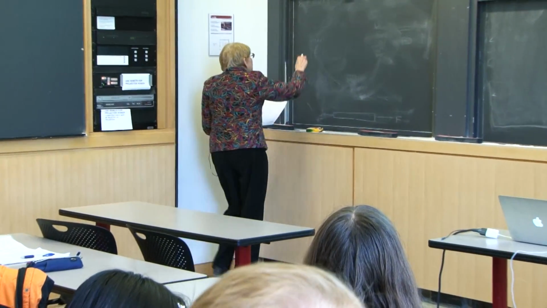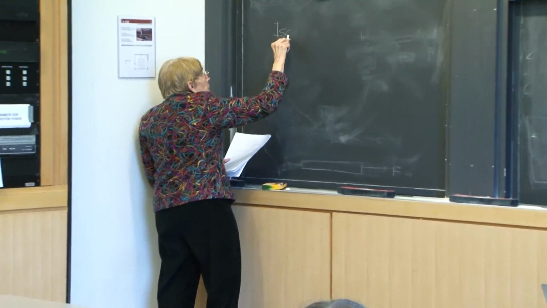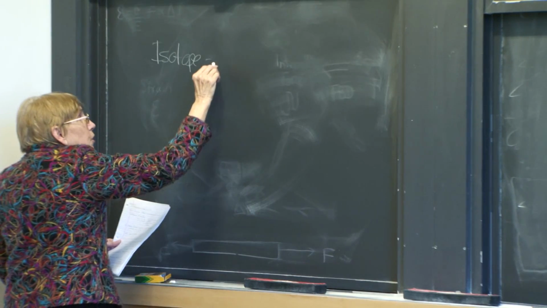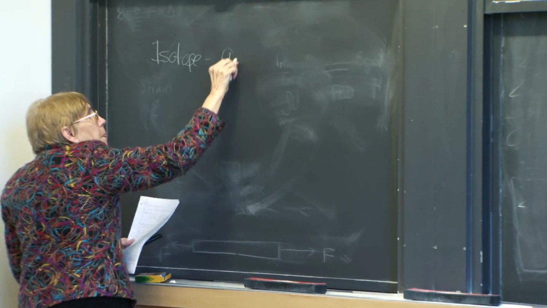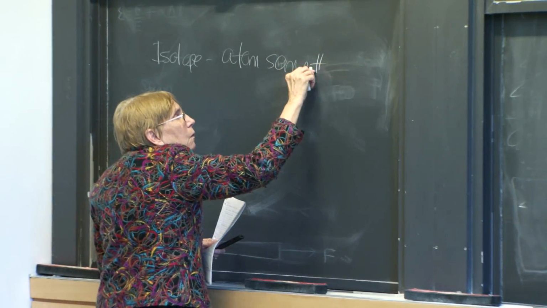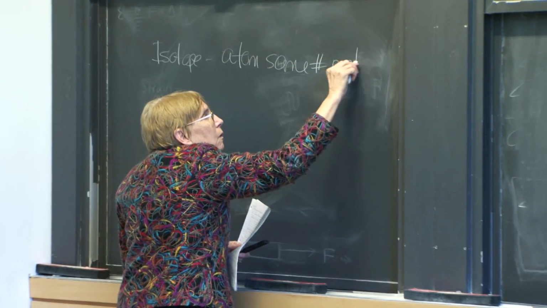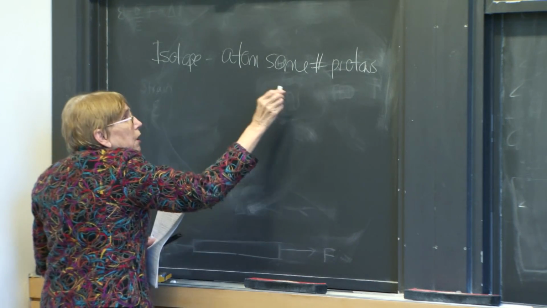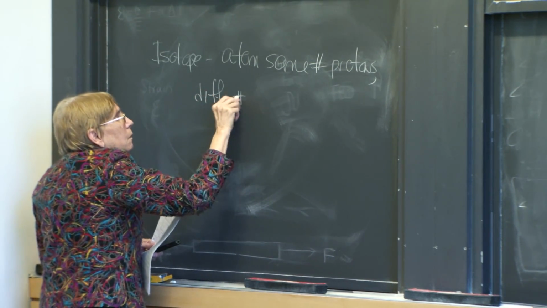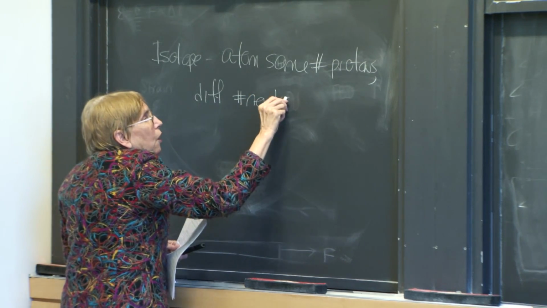So what is an isotope? An isotope is atoms with the same number of protons and a different number of neutrons. That's called the mass number.